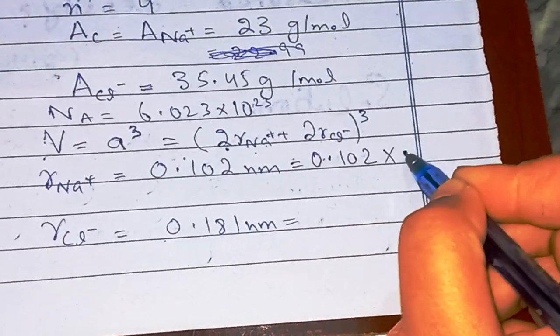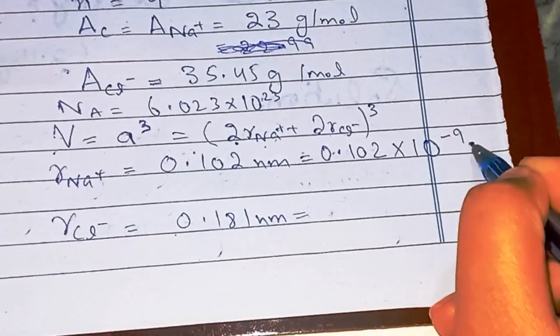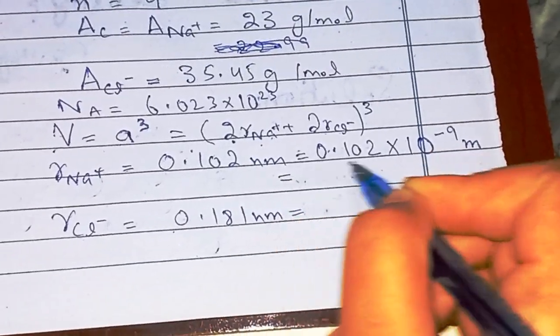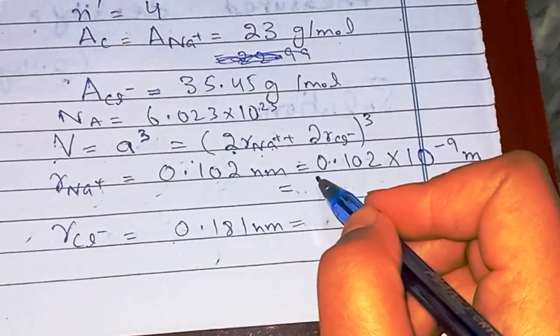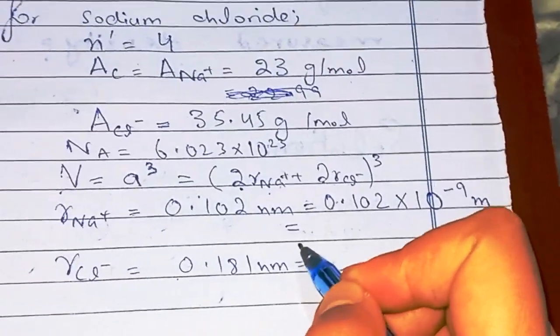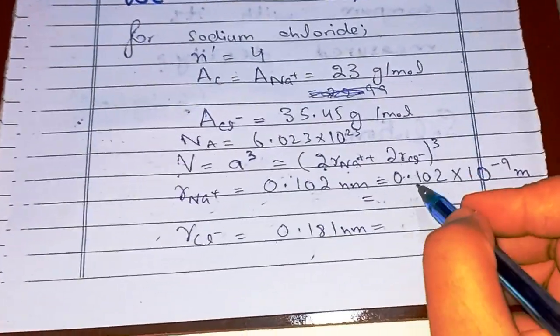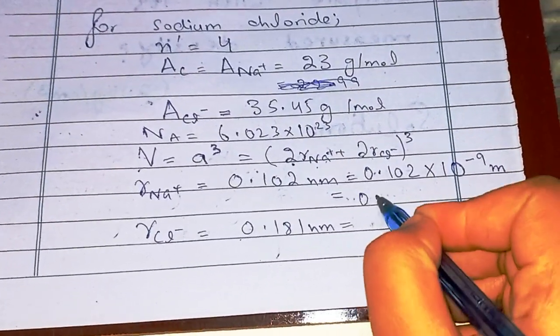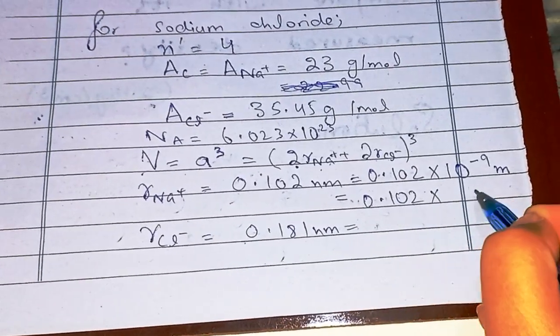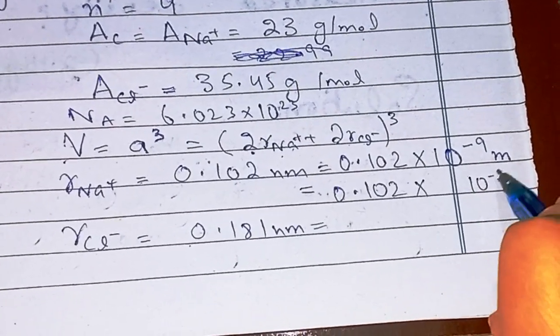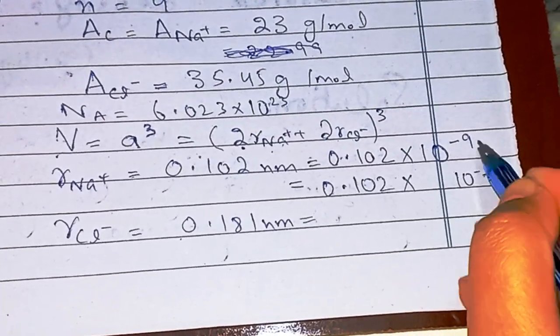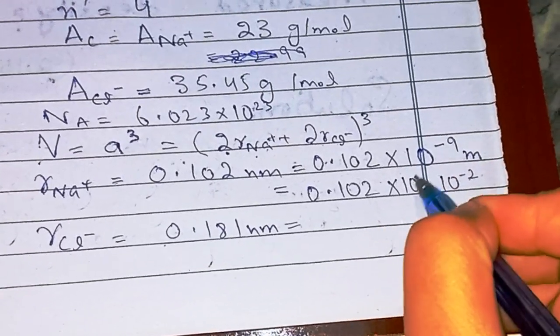So I'm going to use 0.102 nanometer, which is equal to 10 to the power minus 9 meter, and I want to convert it into centimeter because the result that I want to get is in grams per centimeter cube. That is why I'm going to convert it into centi, and we know that centi is 10 to the power minus 2. If I separate minus 2 from minus 9, we are left with minus 7.